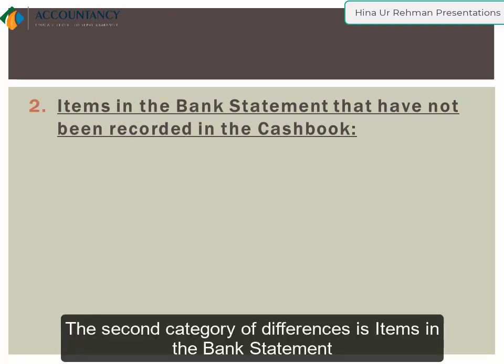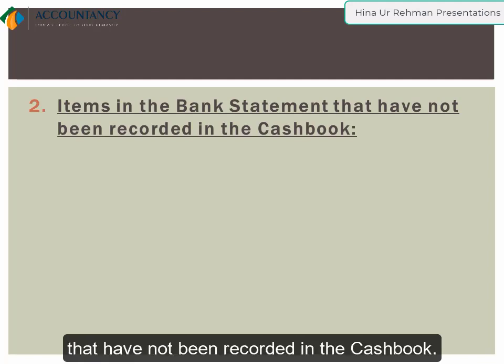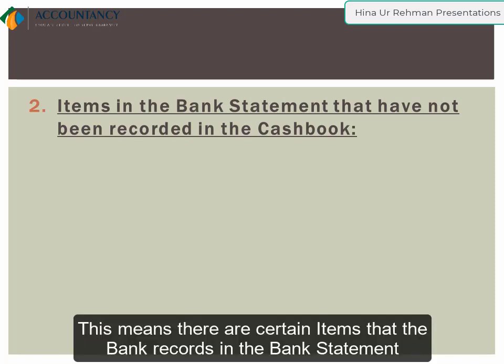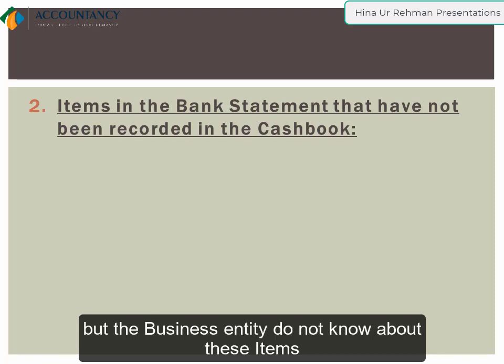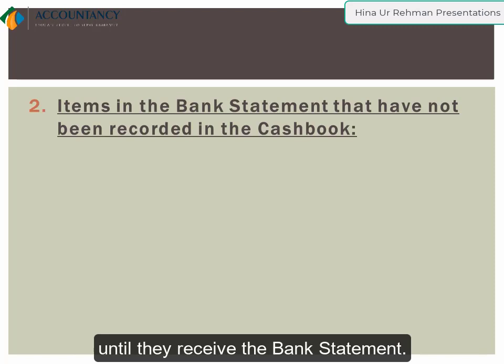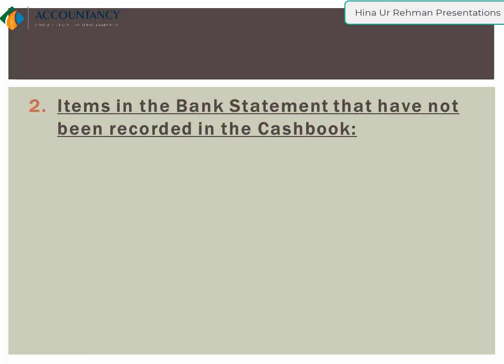The second category of differences is items in the bank statement that have not been recorded in the cash book. This means there are certain items that the bank records in the bank statement and debits the business bank account by those items, but the business entity does not know about these items until they receive the bank statement. Treatment of these items.